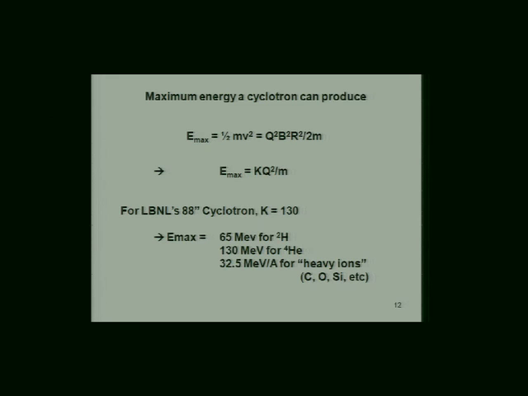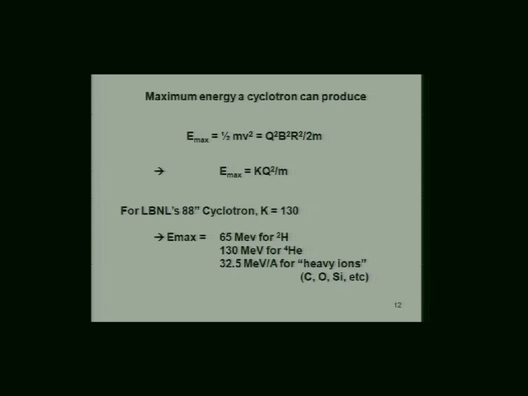And going back to the force law we just wrote down, that's q squared B squared R squared over 2m, where q is the charge of the ion that's being accelerated, B is the magnetic field between those pole faces, R is the maximum radius, meaning the radius of the pole faces, and m is the mass of the ion that's being accelerated. So for a given cyclotron, for a given machine, B and R are just constants, okay?